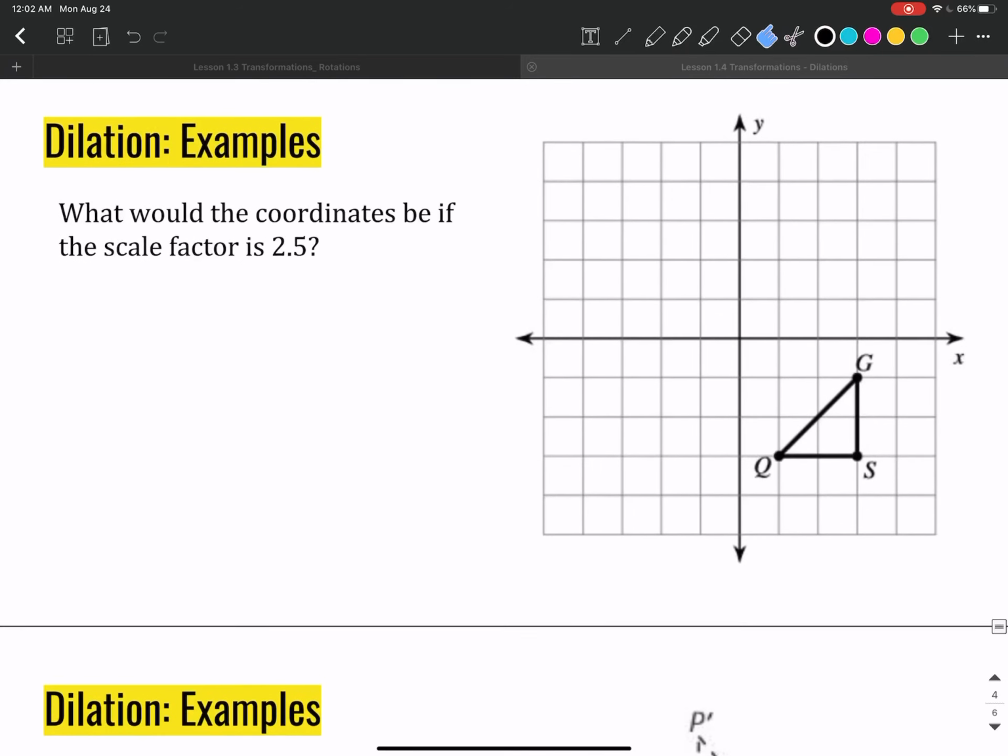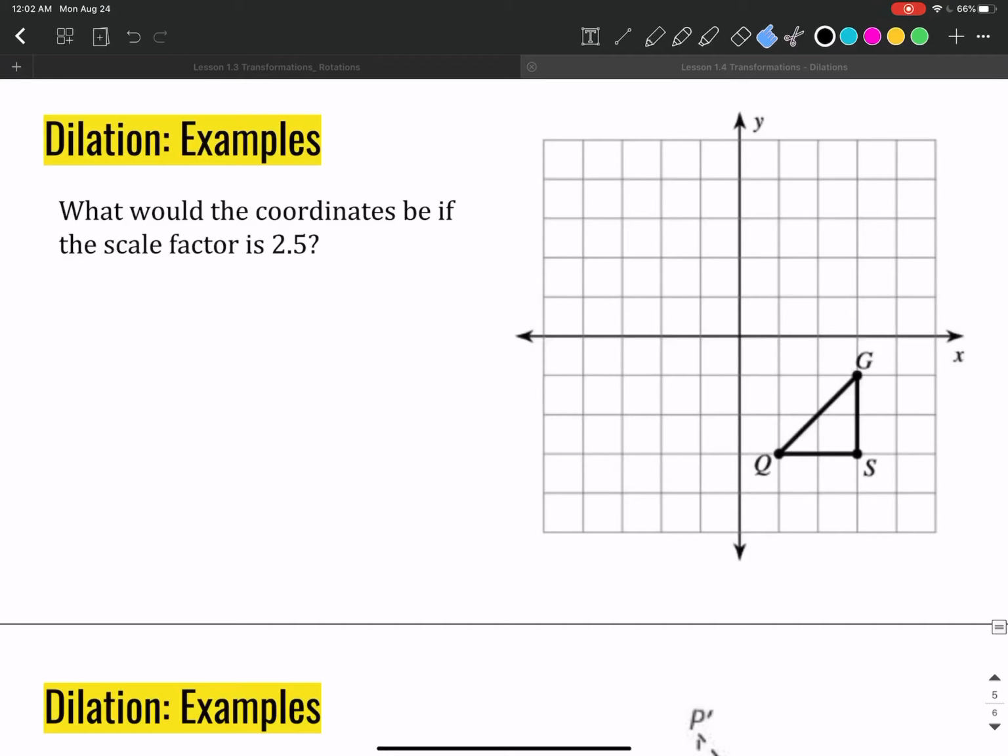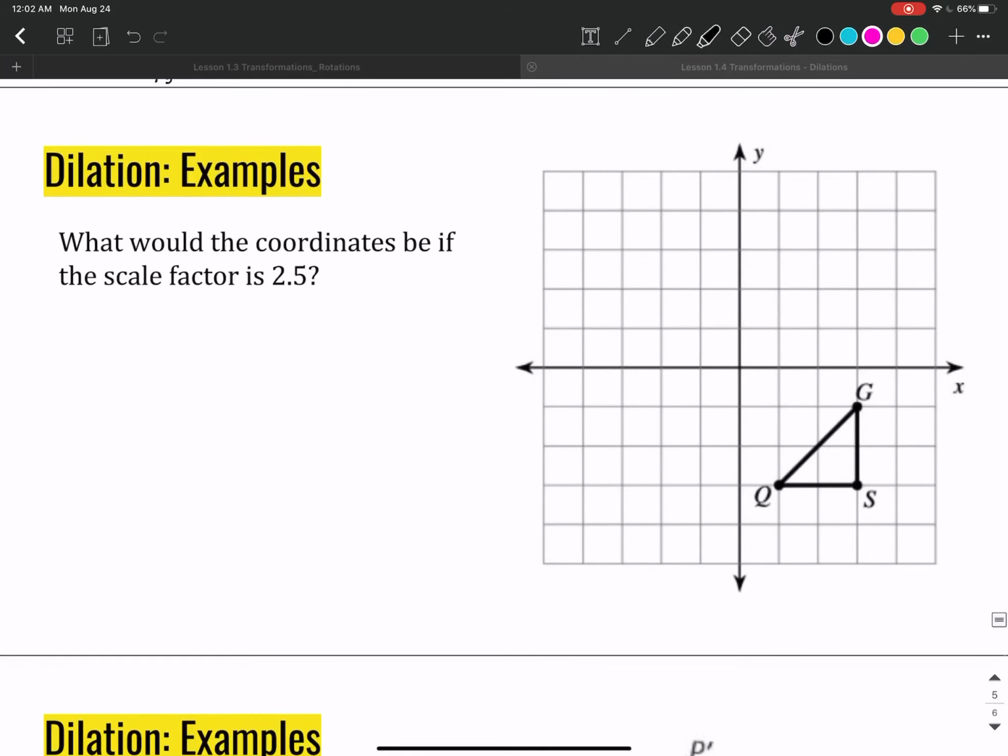Let's look at some graphs just to make sure that we understand what's going on here. All right, so we need to know what the coordinates would be if the scale factor is 2.5. So looking at 2.5, we know that this is going to get larger. And we need to know the current coordinates.